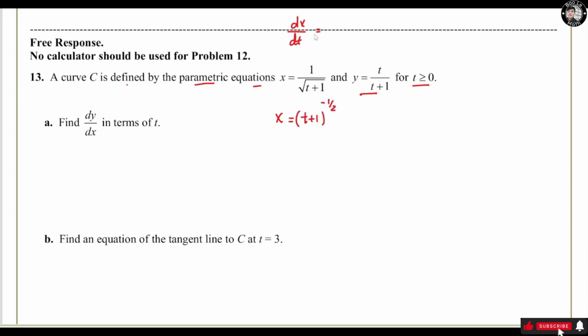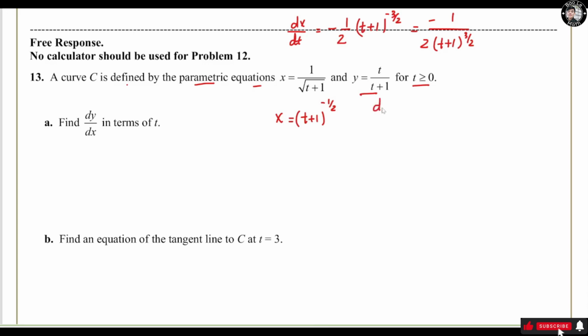So dx over dt is going to be negative 1/2 times t plus 1 to the power of negative 3/2, and then it's going to be negative 1 over 2 times t plus 1 to the power of 3/2.